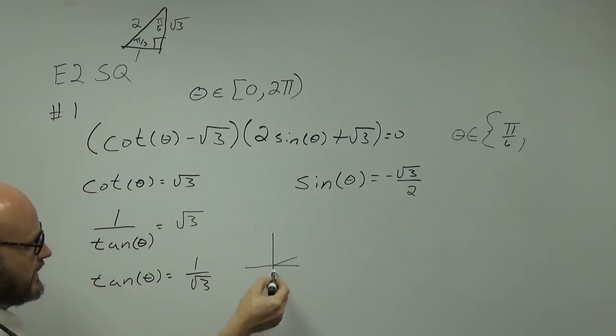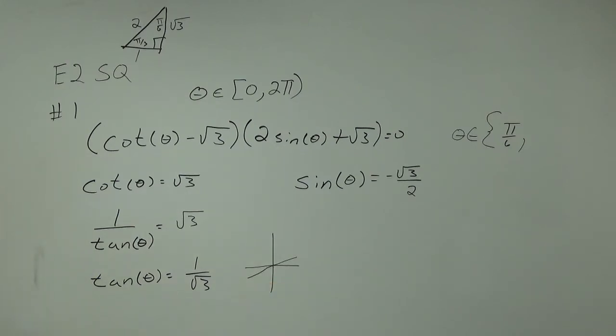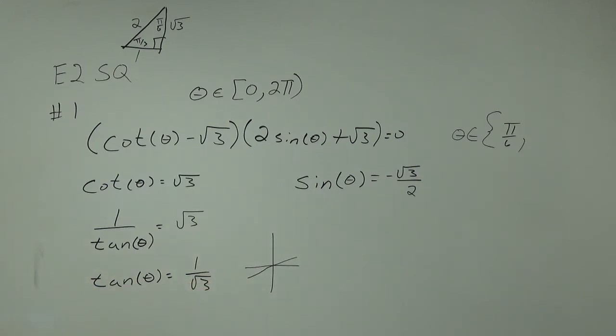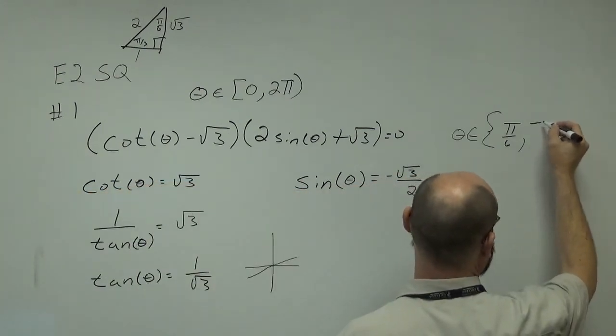We also know that it's positive in quadrant 3 because the tangent is sine over cosine, and both y and x are negative in quadrant 3, therefore their quotient, a negative over a negative, is a positive. So we need to add pi over 6 to 180, or pi. Well, pi over 6 plus pi is pi over 6 plus 6 pi over 6, which is 7 pi over 6. You could also just count it off.